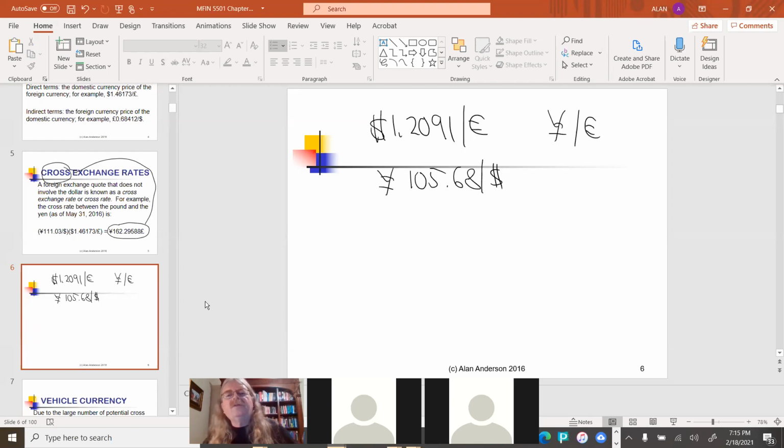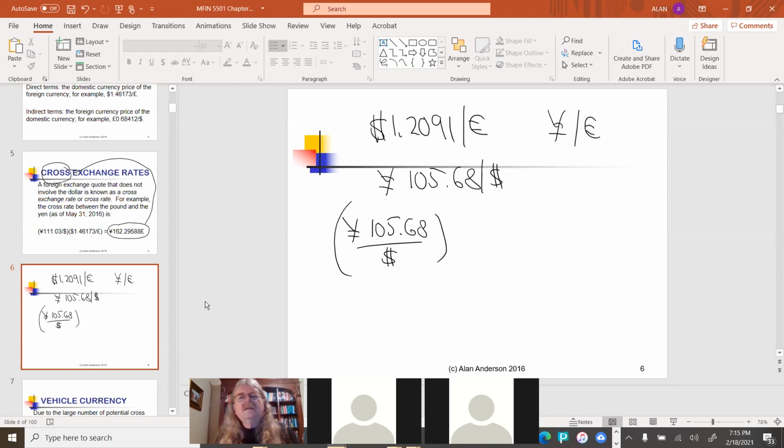Now, how would you do this? Well, let's imagine we take these two quotes. Let's write it like this. You'll see why in a minute. If I multiply them like this, you can see the dollars cancel each other out.